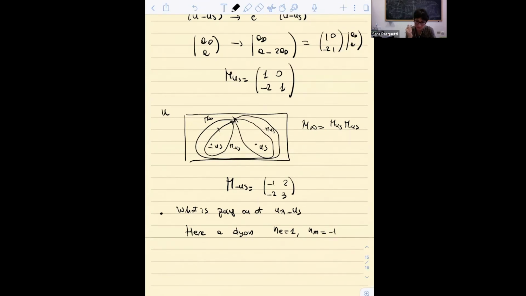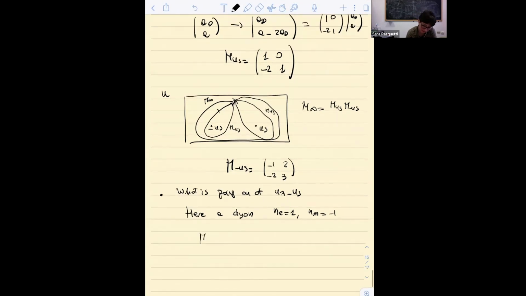And one can check that this is correct, because if you act with the monodromy matrix around this point minus US, which we just determined, on the vector 1, -1, in fact this vector of charges should be a left eigenvector of these matrices.